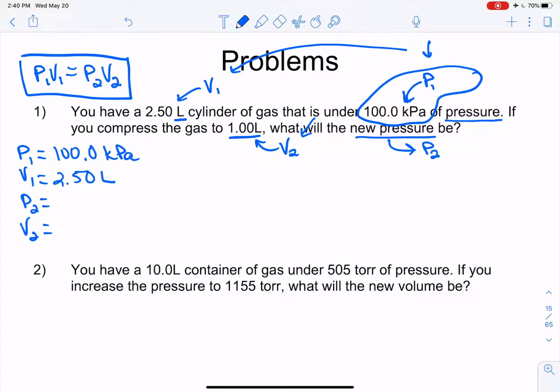Remember, kilopascal is a unit of pressure and liters is a unit of volume. Now, what's P2? We don't know because the question says, what will the new pressure be? Now, what's V2? V2 is 1 liter. Okay, so we've got all of our variables listed and we know what our unknown is. Our unknown is P2. So we need to solve this equation right here for P2.